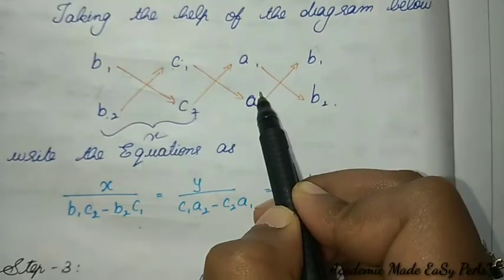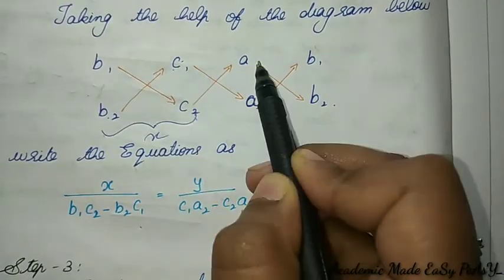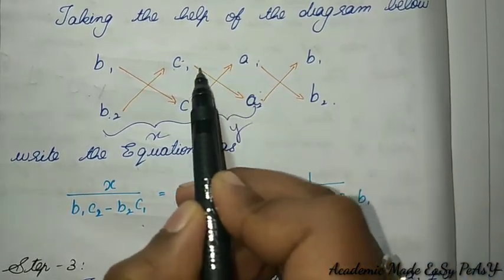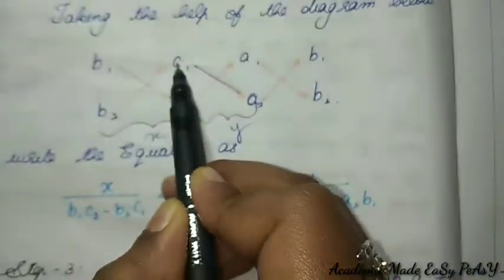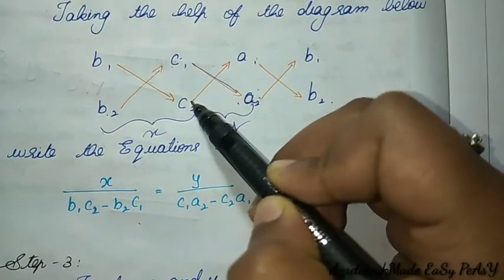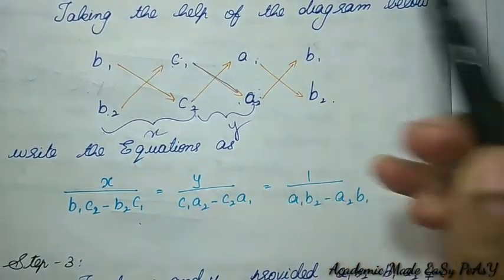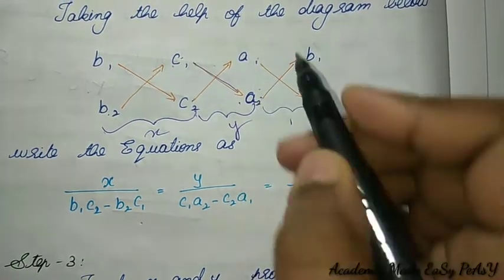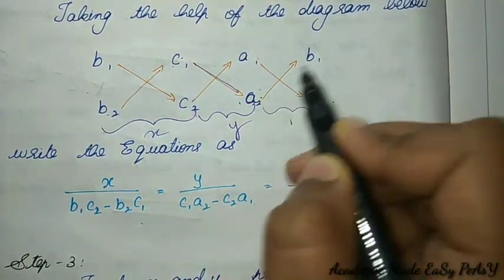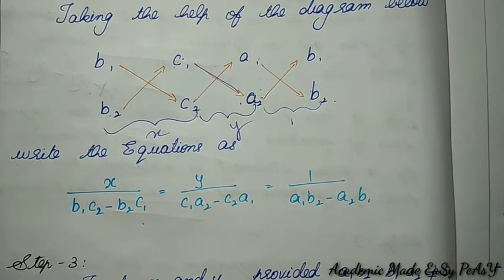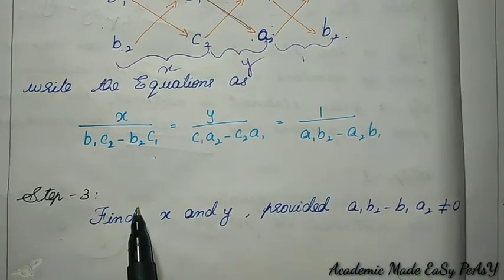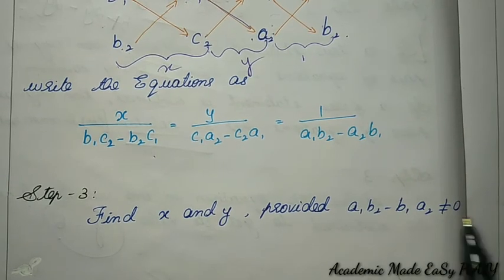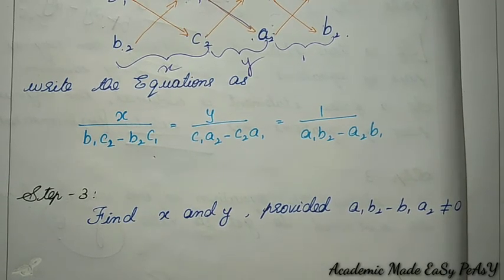Then c1 a2 minus c2 a1 is for y. First we go top to bottom, then minus bottom to top. Next, 1 by a1 b2 minus a2 b1. Step 3: find x and y provided a1 b2 minus b1 a2 is not equal to 0.